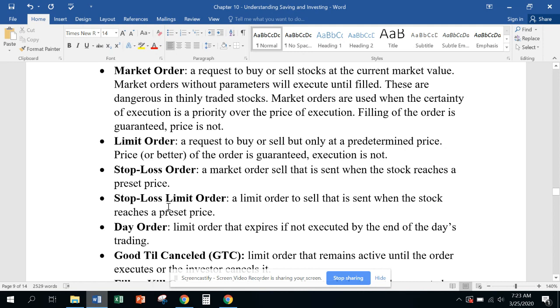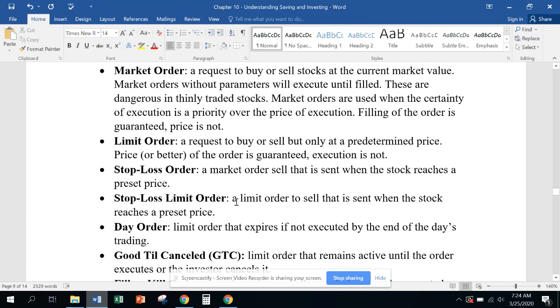Now, a stop loss limit order. These I don't feel are as handy, but what would happen is, under that same scenario, I bought at 20, but I'm only willing to take a dollar loss, so I'd put the stop loss limit order in at 19. Once the stock trades at 19, the brokerage firm is going to put in a limit order to sell at 19.